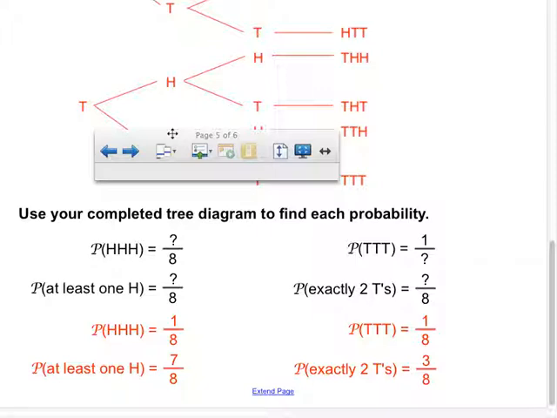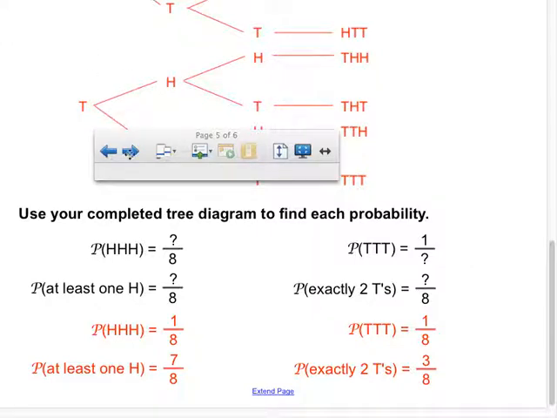Well, for one toss, you really wouldn't need a tree diagram. A tree diagram is for keeping track, because if you have one toss, it's going to be one or the other, H or T, right? So it wouldn't be necessary to do a tree diagram just for one toss. It's when you start doing more than one that it becomes a challenge to keep track of. That's what the tree diagram helps you with.